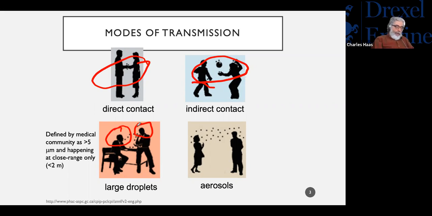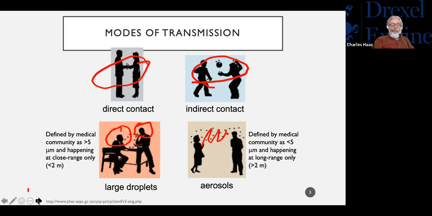Then the second mode of transmission is by finer particles that persist in the air for a period of time and are inhaled by a susceptible person subsequently. And that small aerosol transmission can happen at longer ranges beyond 2 meters.